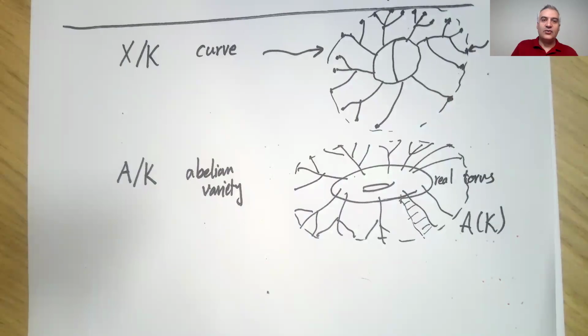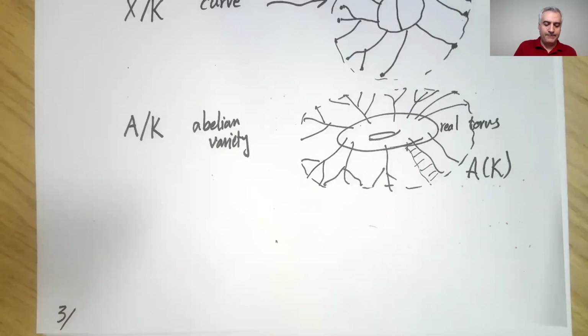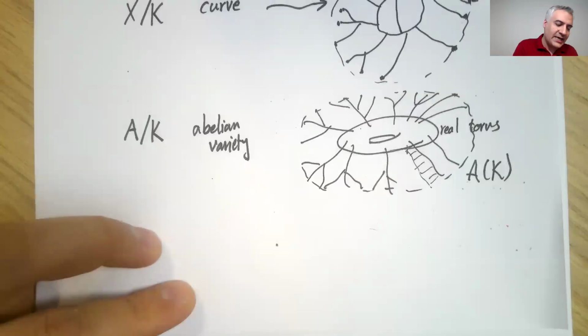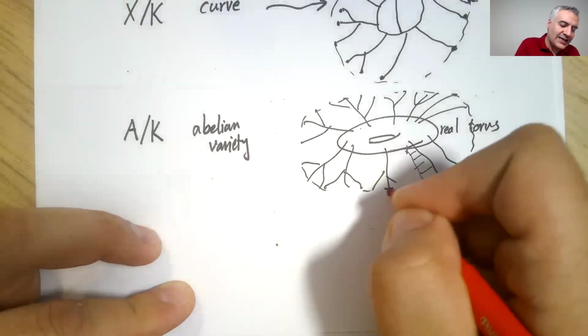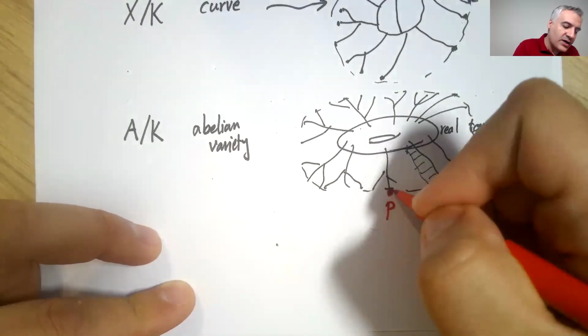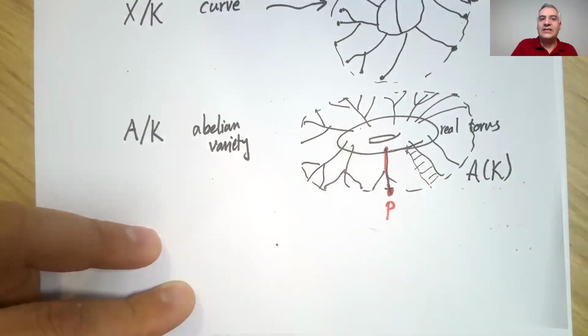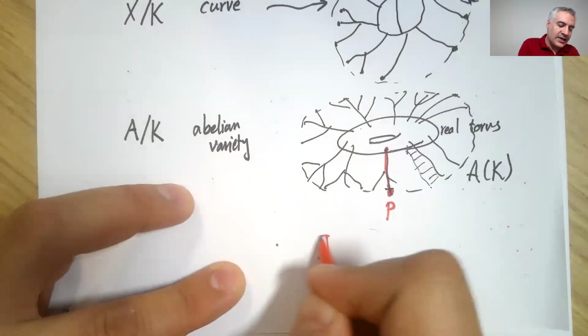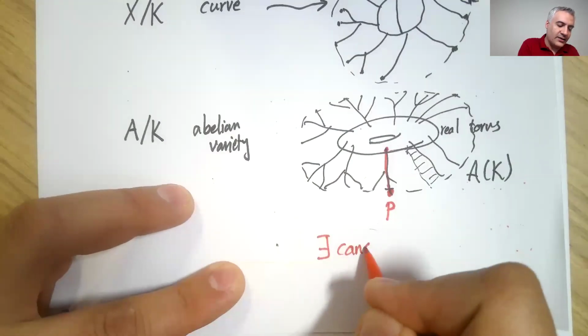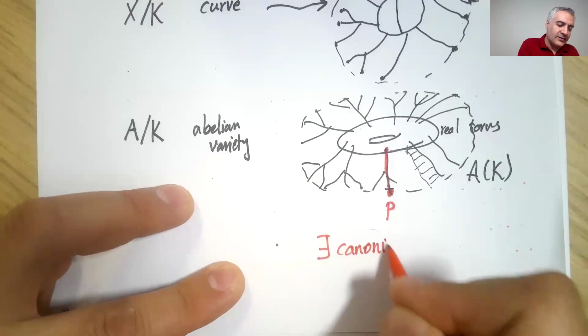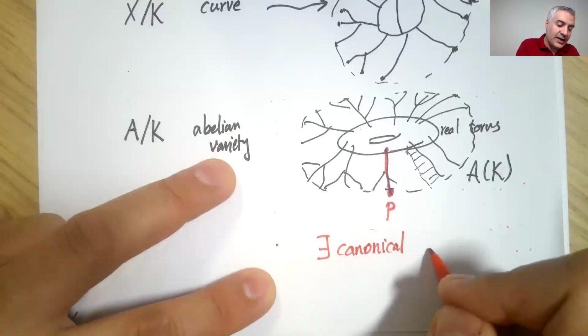But one thing that's true, which will come in my main theorem, is that there is a canonical way to take a classical point, so this is classical point P, and bring it down to the skeleton, to the real torus. So there exists a canonical retraction map.